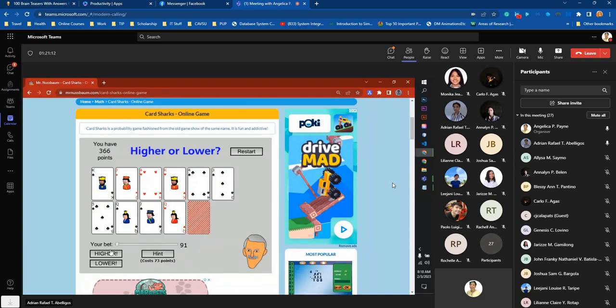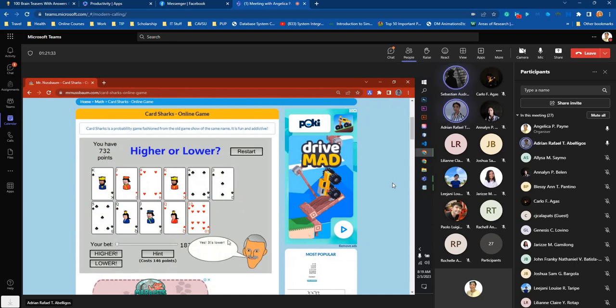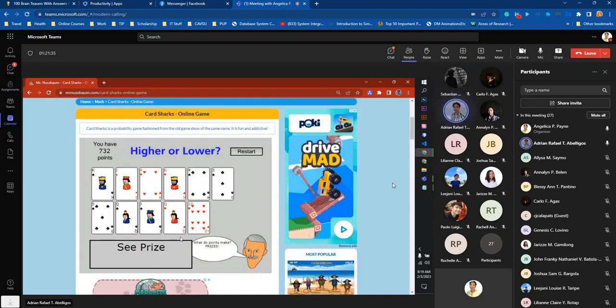So, ayan. Ganun. Yes. Ilang points bet? Max. Max. Good. Ilan? Higher, tapos lower. Lower? And see sa last card. Papatalo ko na. Ayun. Lower. And see natin kung may price pa.